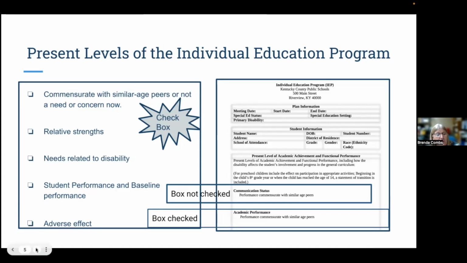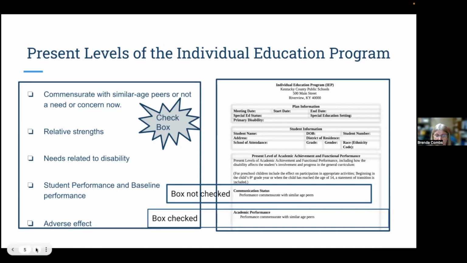We also have to have that student performance and the baseline performance. And when we're looking at that performance, when we look at baseline, a lot of people just consider academics. Okay, that's good because we have to have that. But there's also another thing that Denny Paul had mentioned earlier, and it's about the functional needs of the child.